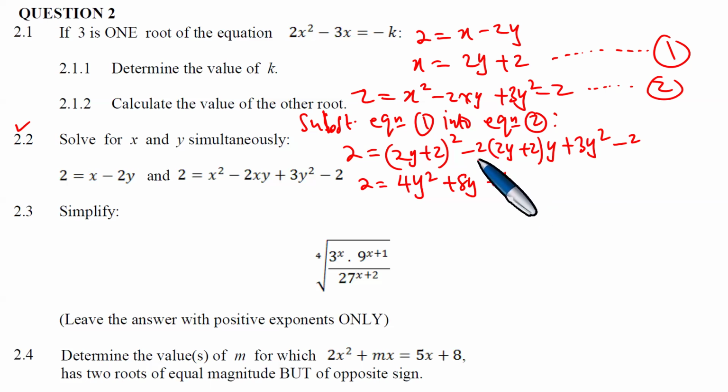Okay, here if you distribute by opening up the brackets, what do you get? You have minus 2 times 2y, which is minus 4y times y, which is minus 4y squared.